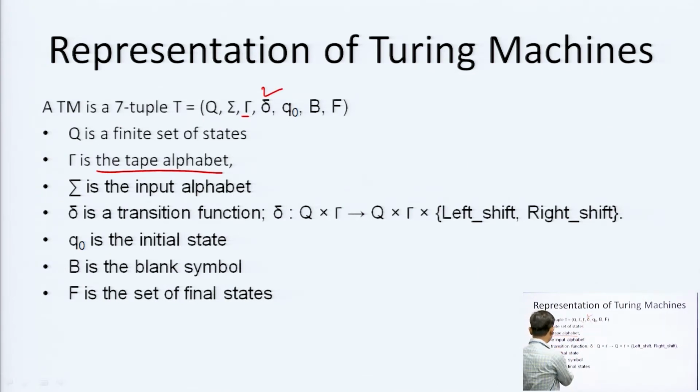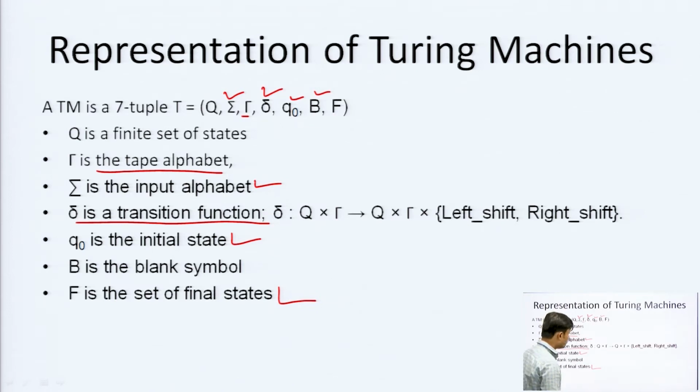Q0 is the initial state and B is the blank, meaning empty. When you keep your input on the tape, on both sides it will be blank. And F is the set of final states, where after computing your string you have to reach the final state, then your string is accepted.